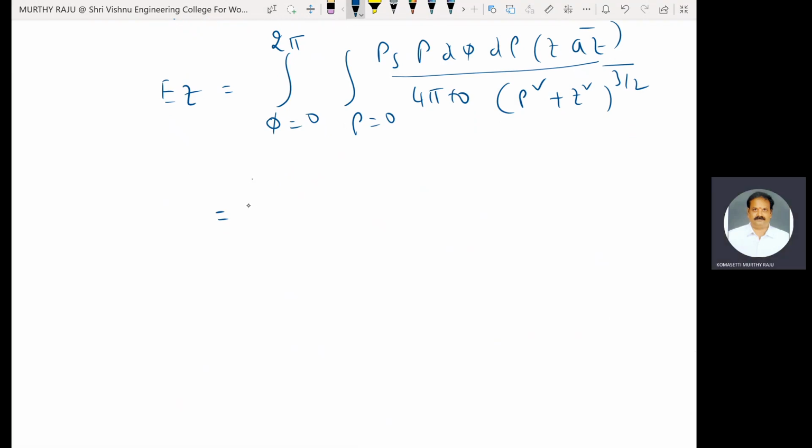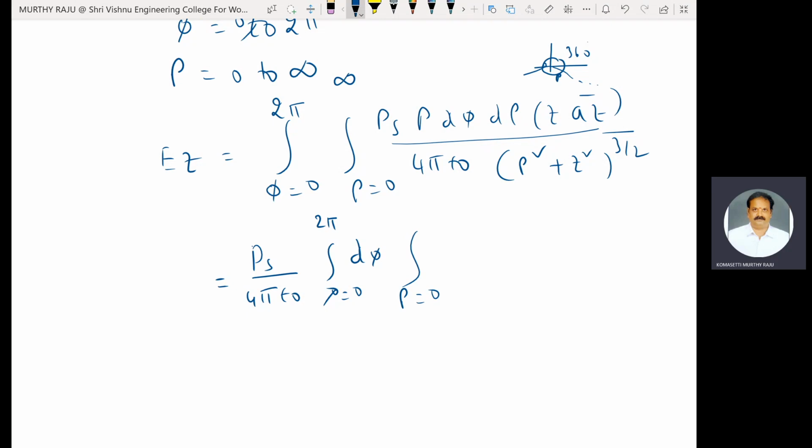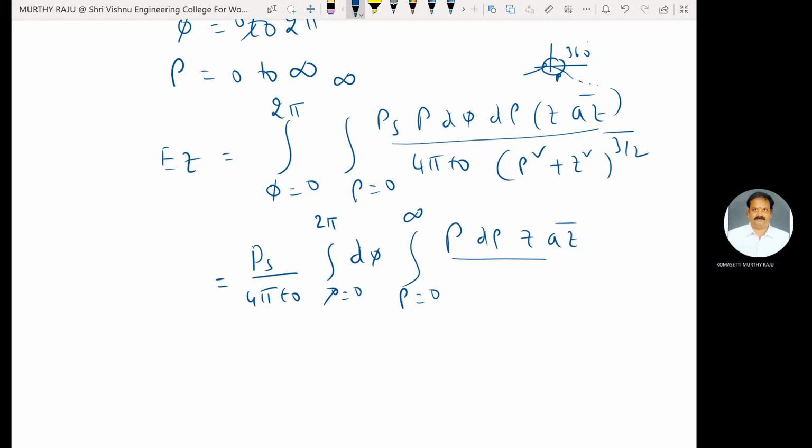That is equal to rho_s by 4 pi epsilon 0, integral phi from 0 to 2 pi d phi, integral rho from 0 to infinity of rho d rho z a_z divided by (rho square plus z square) to the 3 by 2.